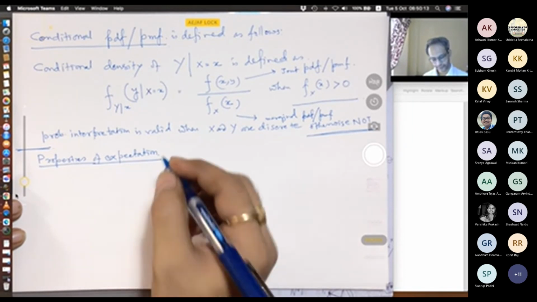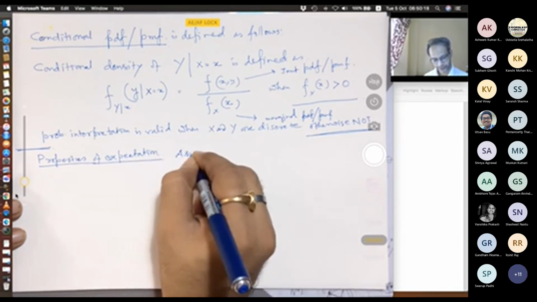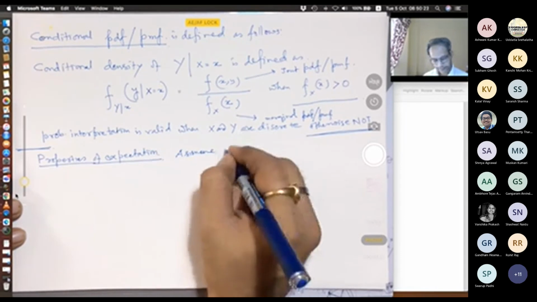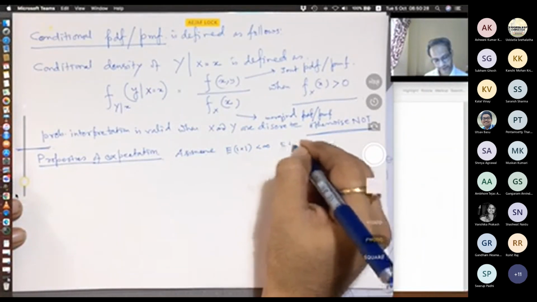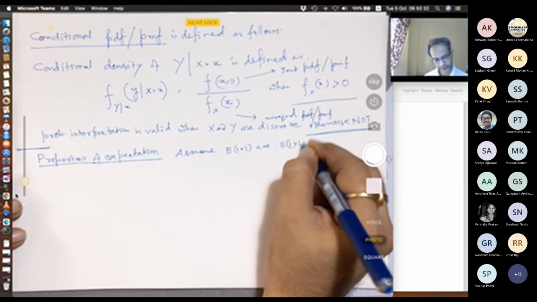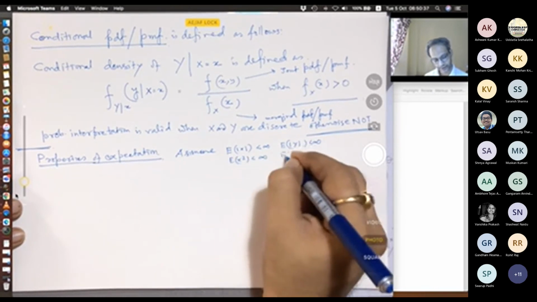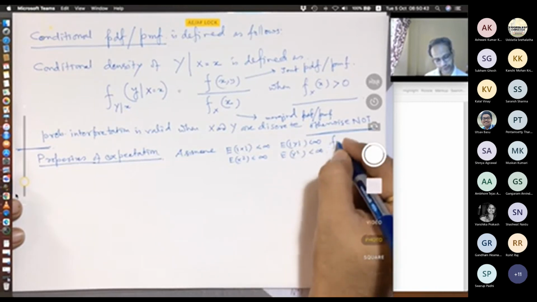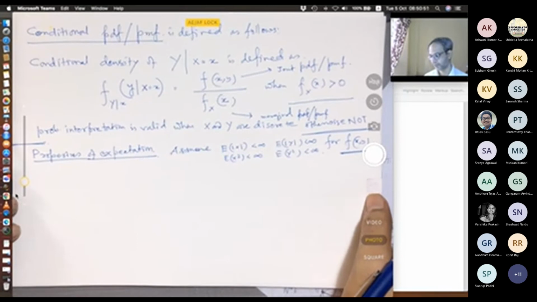So for this kind of work, we assume that expectation of mod x is finite, expectation of mod y is finite, expectation of x squared is finite, expectation of y squared is finite. This is for, say, joint PDF of x and y, or joint PMF of x and y, it doesn't matter.